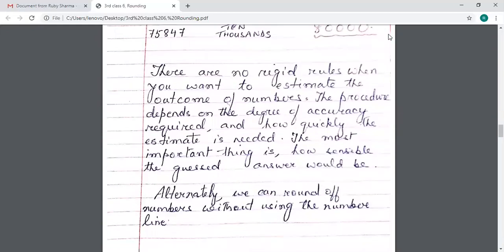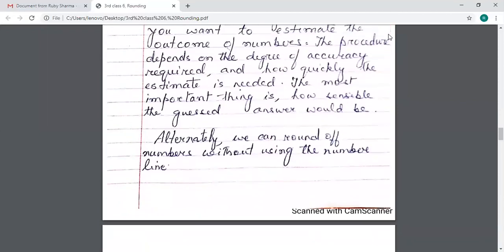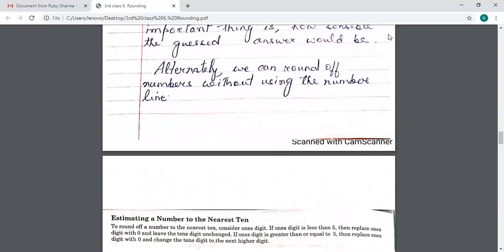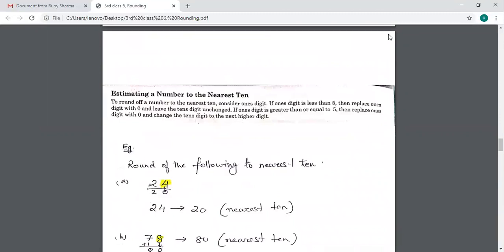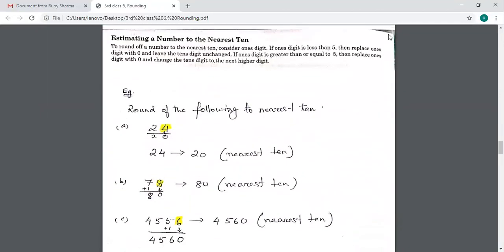Now what I taught you was using a part of the number line. But we have some other rules. Alternately, we can also round off without using the number line. Now here is estimating a number to the nearest 10 without using the number line. When we have to estimate to the nearest 10, we consider the ones digit.